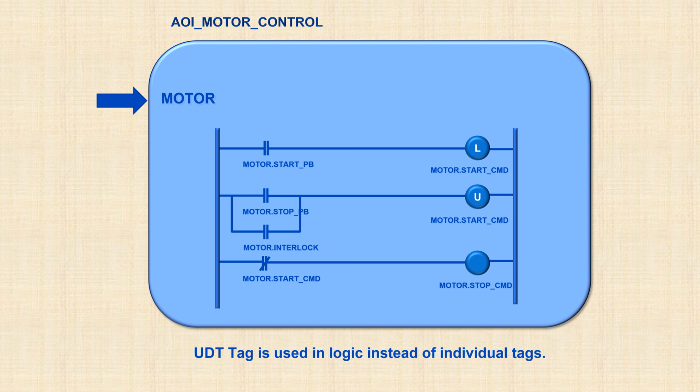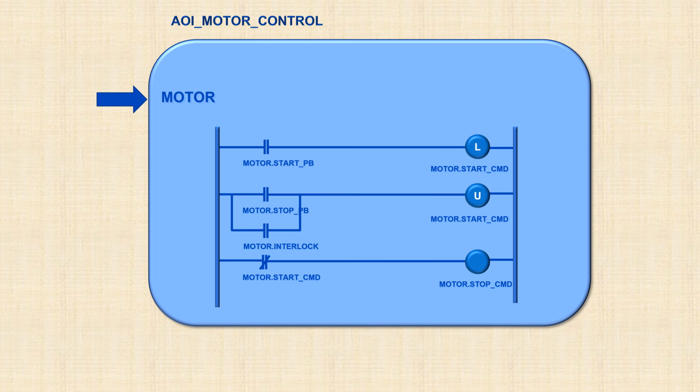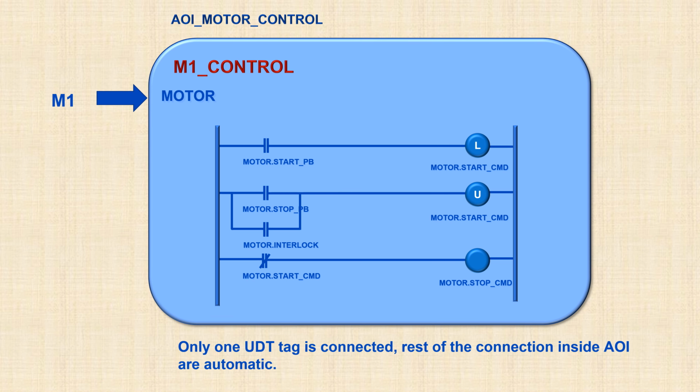In the logic inside AOI, we will use the motor UDT component tags. For example, the start_PB tag, which we have used previously, will now become motor.start_PB. So you can see now we only have to make one connection to this AOI. Now we could connect M1 UDT tag to motor UDT tag.